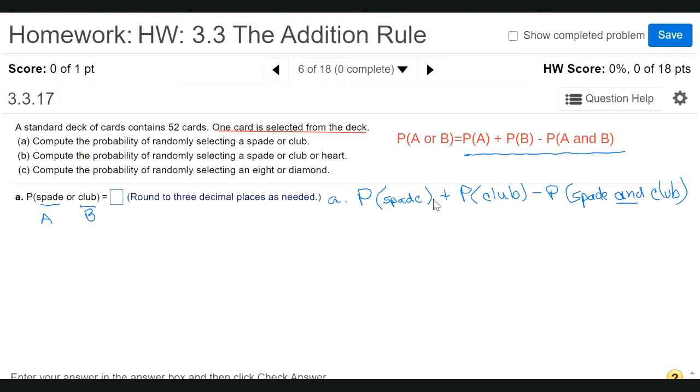Now, in the deck, there are 13 spades and there are 13 clubs. There are 52 cards total.